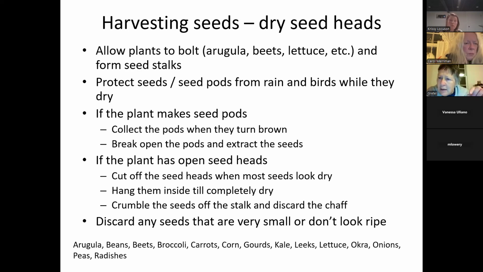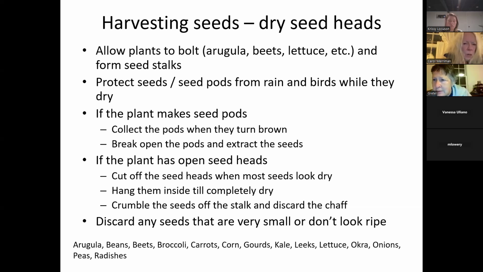If it's the kind of plant that shatters and just drops its seeds as soon as they turn ripe, or the kind that the birds tend to eat as soon as they turn ripe, you can protect it by putting either a paper bag or a mesh thing made out of cheesecloth around it while it is finishing ripening. It can't be a plastic bag. It needs to be something that breathes a bit.